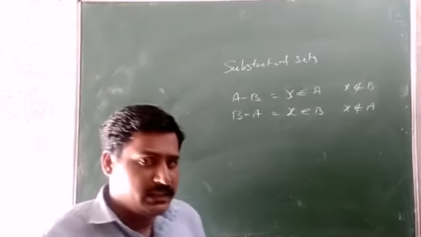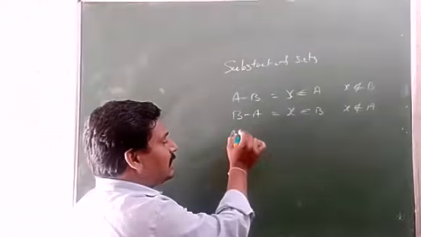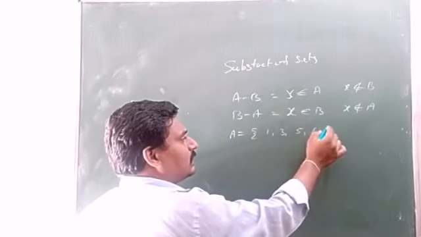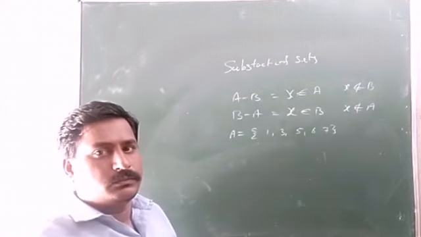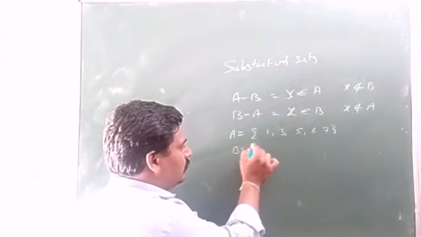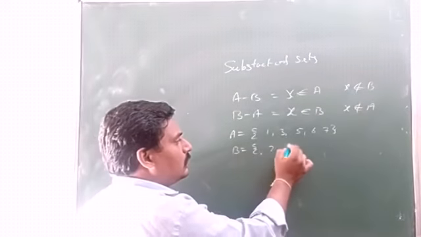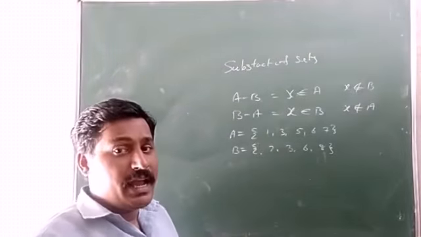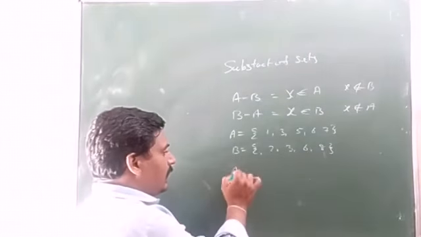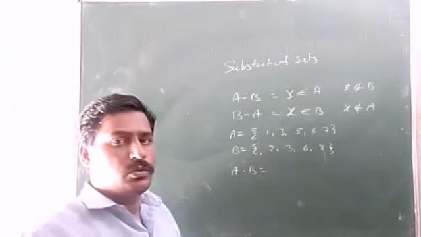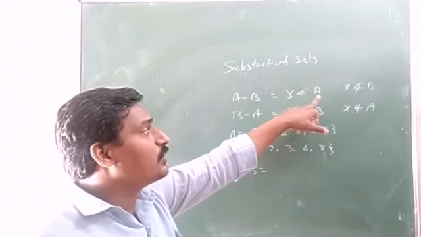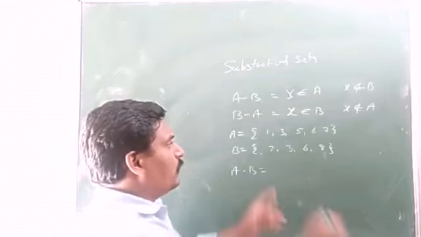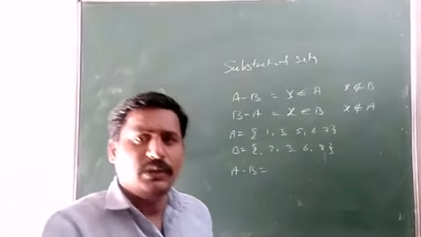So if you take an example here, suppose set A is equal to 1, 3, 5, 6, 7, and set B is equal to 2, 3, 6, 8. Now A minus B. What is the condition? X belongs to A but does not belong to B. So the ones common between both, leave them.